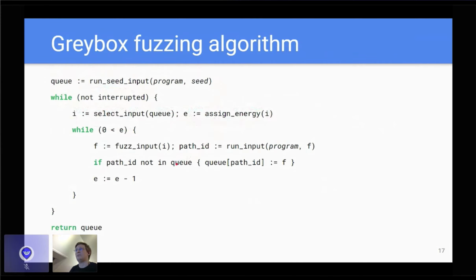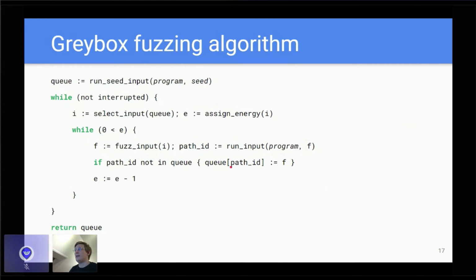And energy here just means how often you are going to fuzz this input to get a new input f. And then what the fuzzer will do is it will run the new input f on the program and get a path ID. And this is just essentially a hash. And using this hash, you can determine if you found a new path through the program.